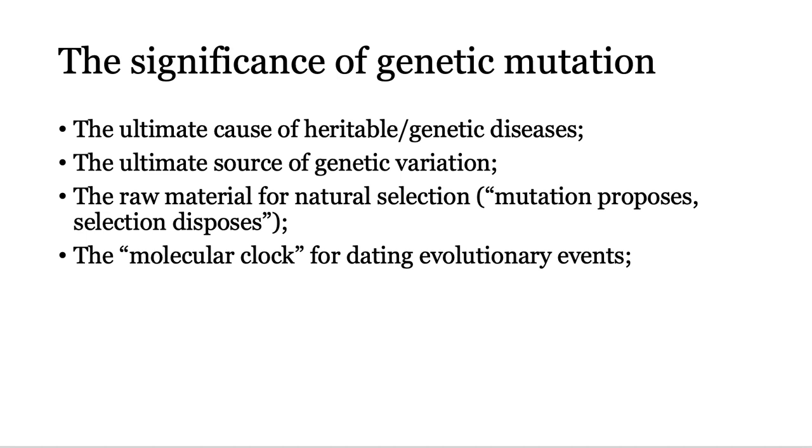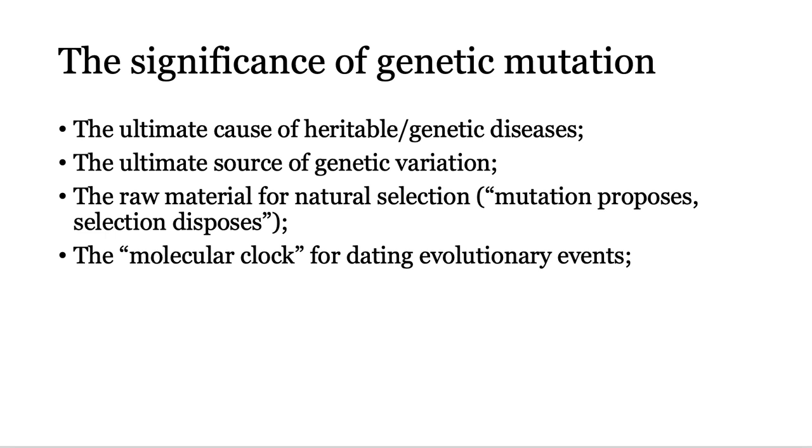For example, if we get a sequence from human and compare it to chimpanzee, count the number of differences, and assume that the mutation rate is constant between human and chimpanzee, then the difference divided by the mutation rate will give us an estimate of when human separated from chimpanzee. So mutation rate is widely used in evolutionary analysis as a molecular clock. There is some problem with it. We are going to mention it, but not go into detail here.